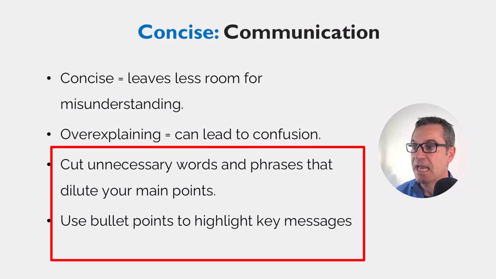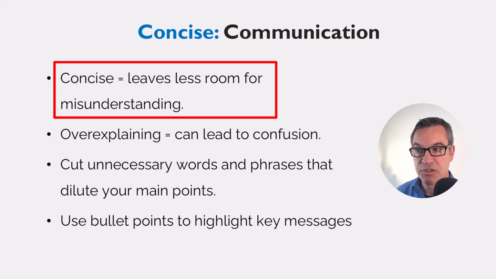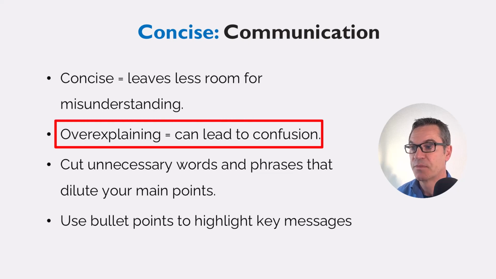Okay, let's take a look at the next C, concise. For concise communication, the second of the 5 C's, it is about trying to leave less room for misunderstanding. Many of us, myself included, often try to over-explain things, and this can lead to confusion.